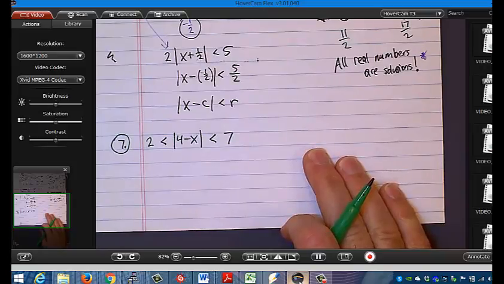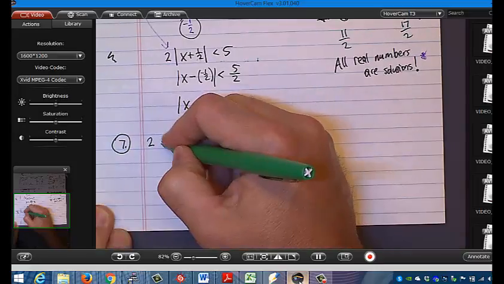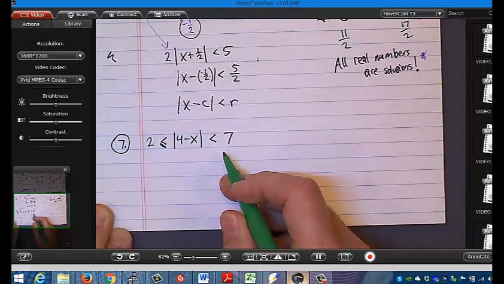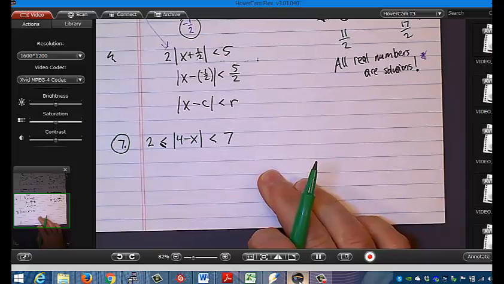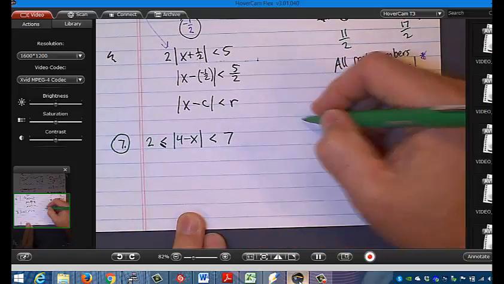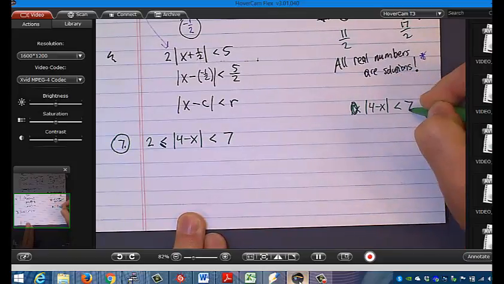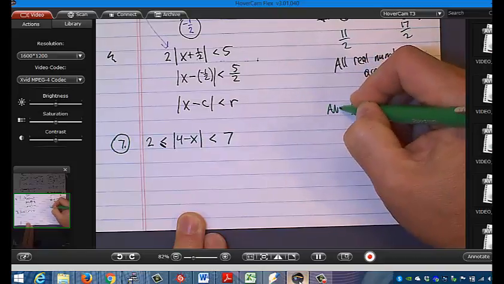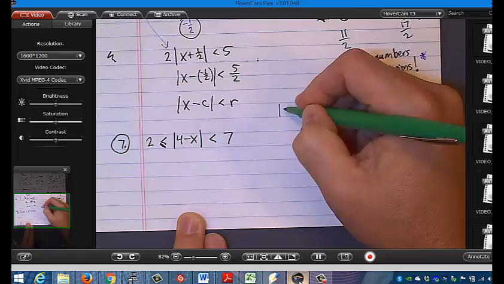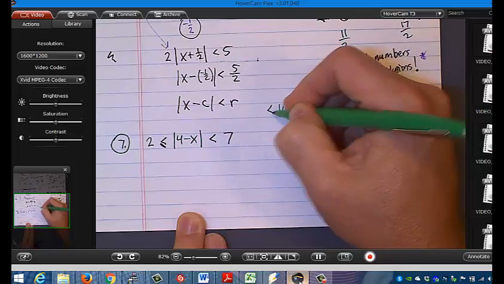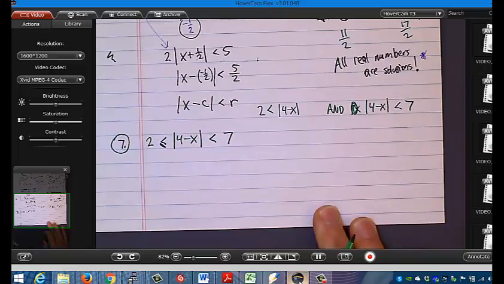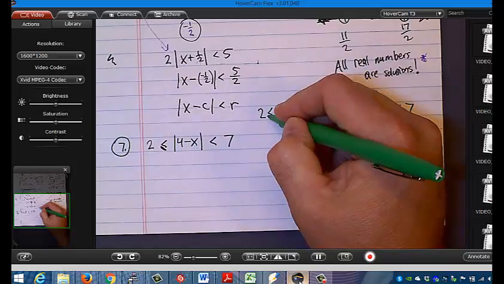It's 2 less than or equal to here? Yeah, but it's just less than 7. Okay, thanks. So if we're going to do this one, you could think of it as 2 separate problems, right? I have absolute value of 4 minus x is less than 7, and I have the absolute value of 4 minus x is bigger than or equal to 2. Thank you. I keep missing that.